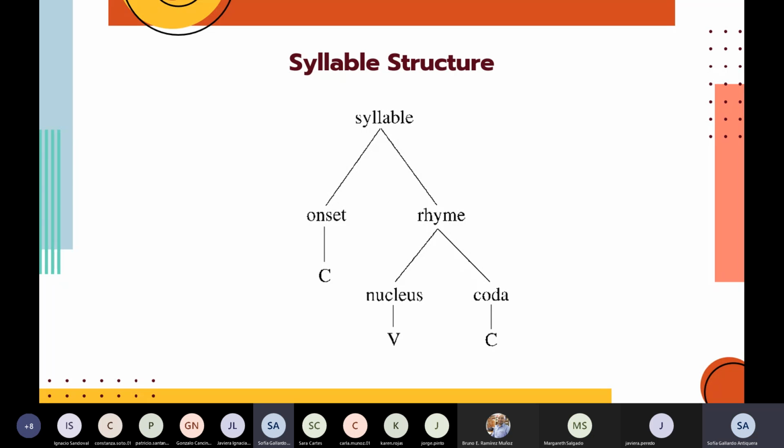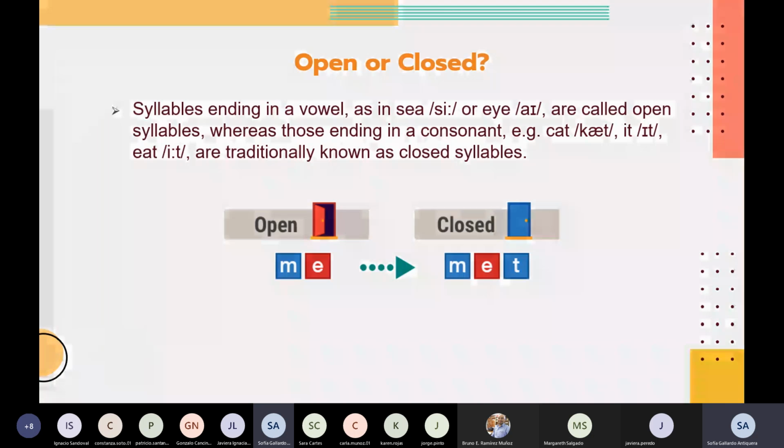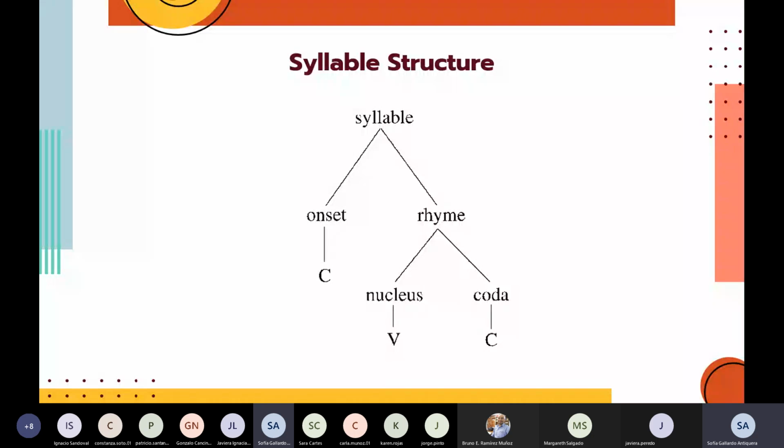So the coda would be the remaining consonant, or it can be another vowel or another consonant, but everything after the nucleus. Okay. Thank you. That's fine. Any other question? Do you need time to write this down? Maybe it's better if you have it written as well.